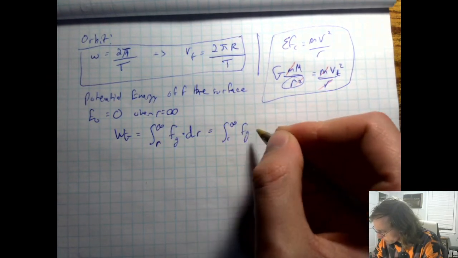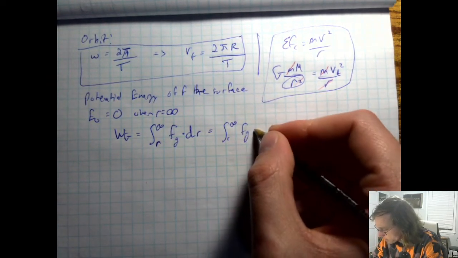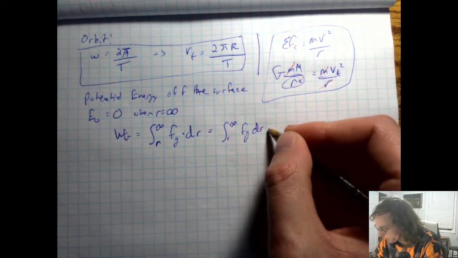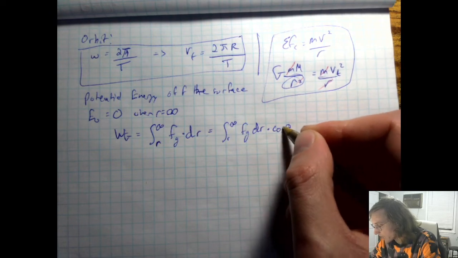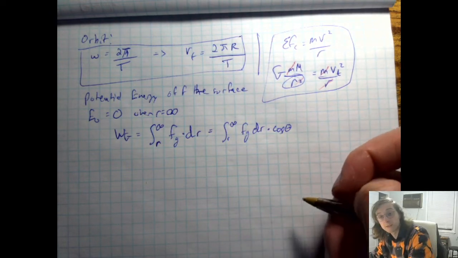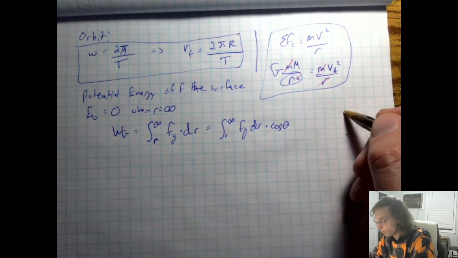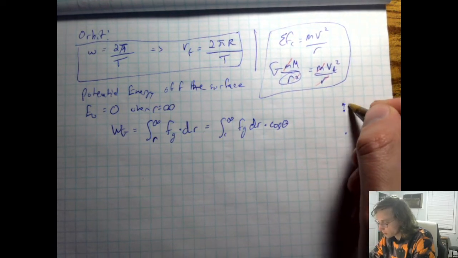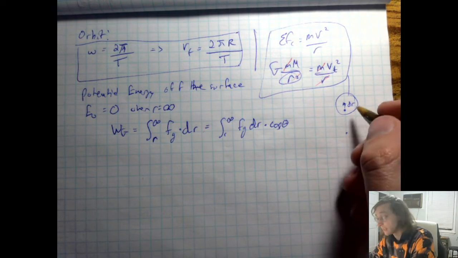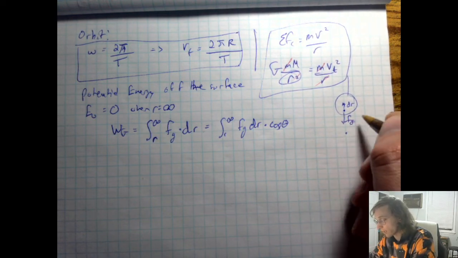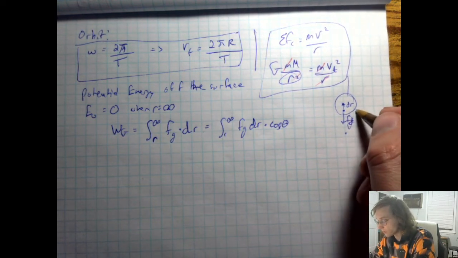Well, the force of gravity dotted with dr is going to be equal to the force of gravity times dr times the cosine of the angle between those two things. At any given point, dr is going away from the center, and the force of gravity is going towards the center.